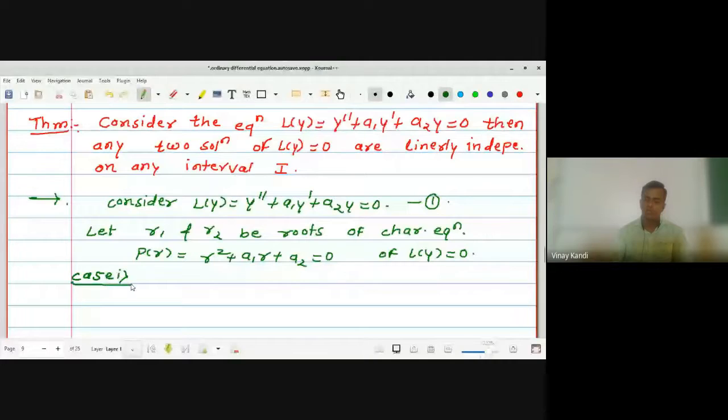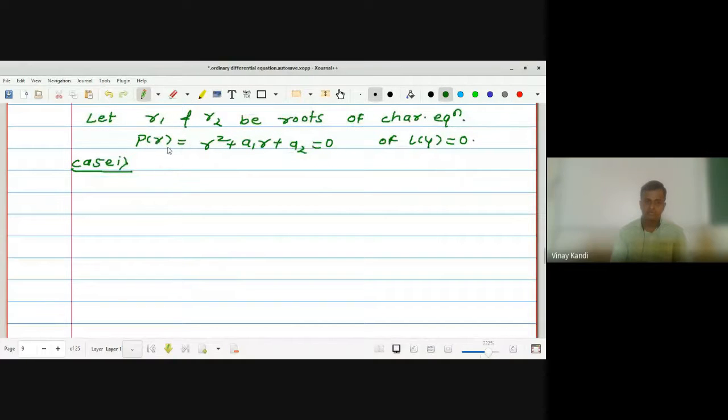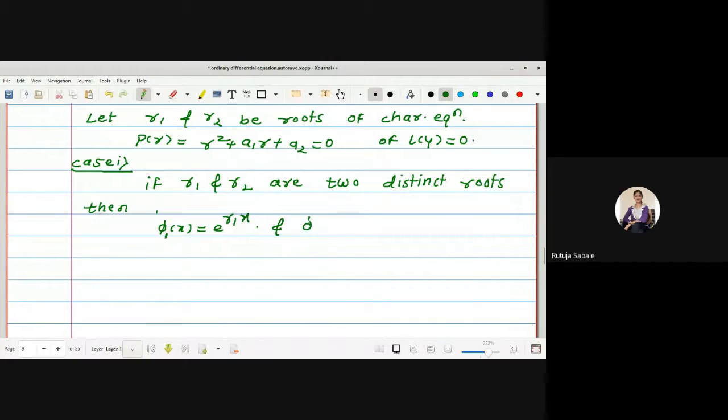Case 1. Suppose r1 and r2 are two distinct roots. There are two possibilities: either r1 and r2 are two distinct roots or they are repeated. Now in case 1, if r1 and r2 are two distinct roots, then phi 1 of x is e raised to r1 x and phi 2 is e raised to r2 x.